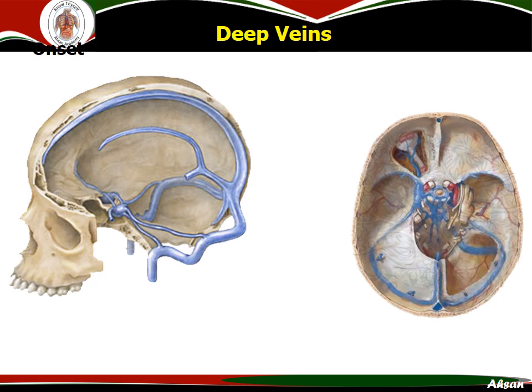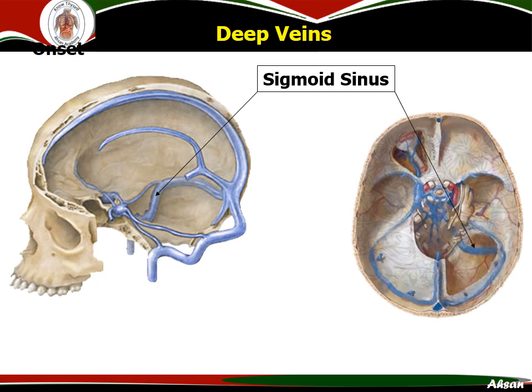Let us discuss the deep vein. These are the dural venous sinuses, and finally the dural venous sinuses form the sigmoid sinus. You can see the labeled sigmoid sinus. This is the sigmoid sinus at the base of the skull, and these are the two sigmoid sinuses in an open area.